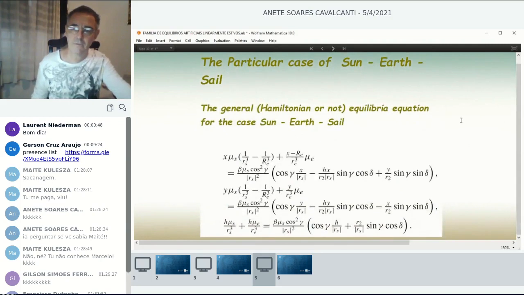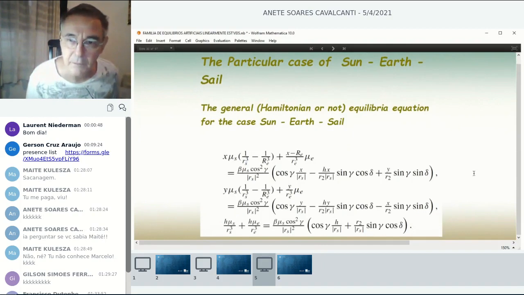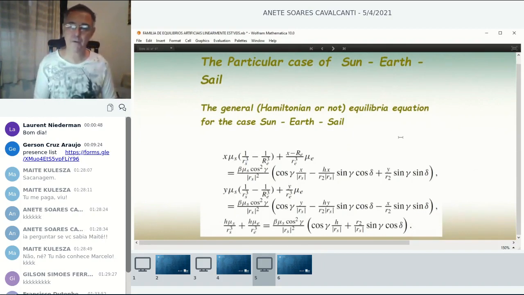We come back to the equation of motion, and now we move one step back and write here the equations of equilibrium in the general case. I mean, Hamiltonian or not. It's kind of very complicated. We're going to deal with it in the following.